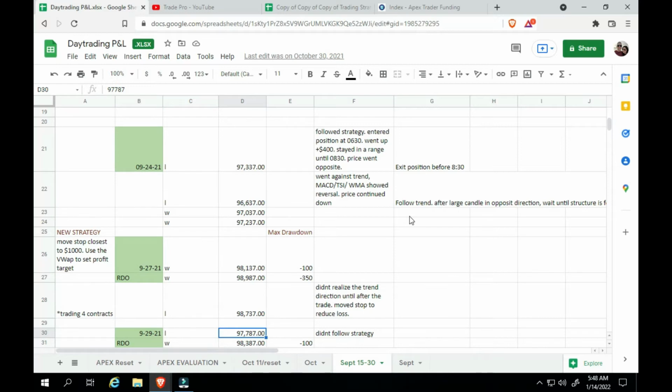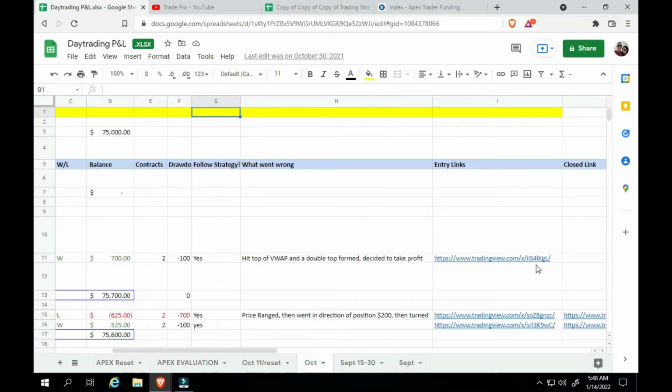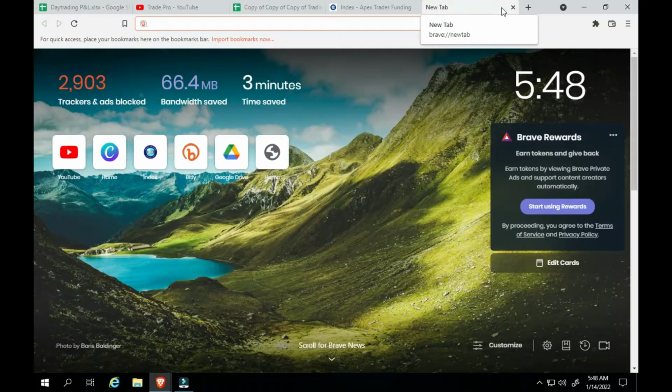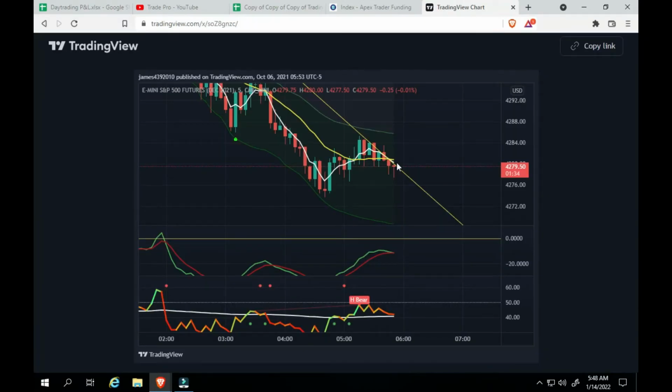Another thing I would recommend with TradingView is that you can take a snapshot of your trade and see what you did wrong. This was where I entered right here.